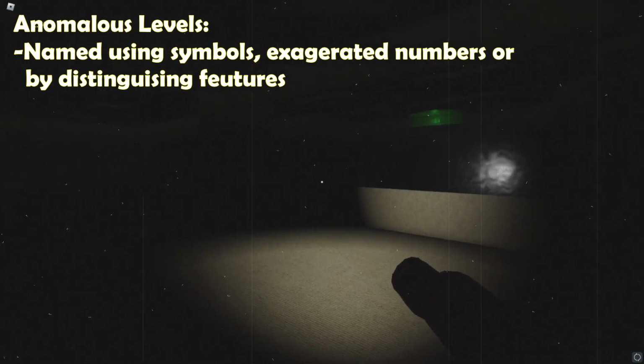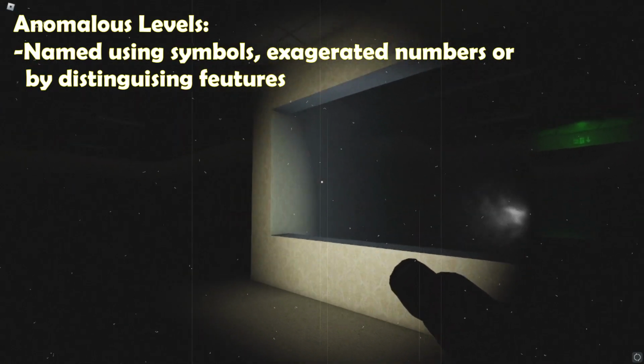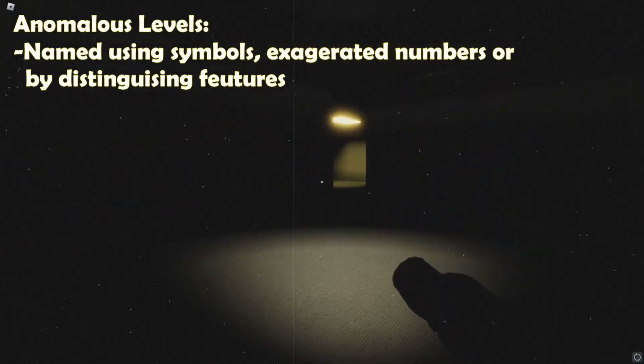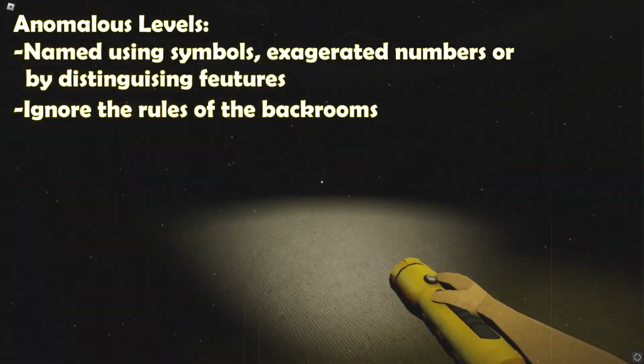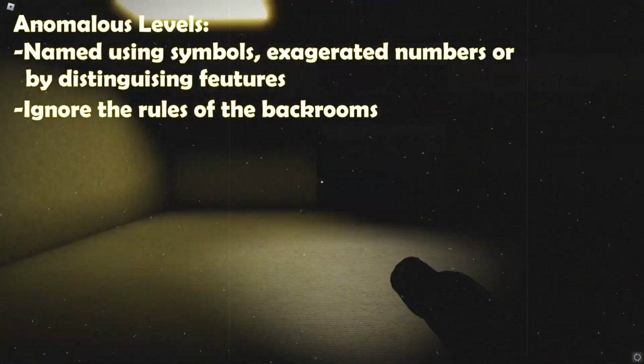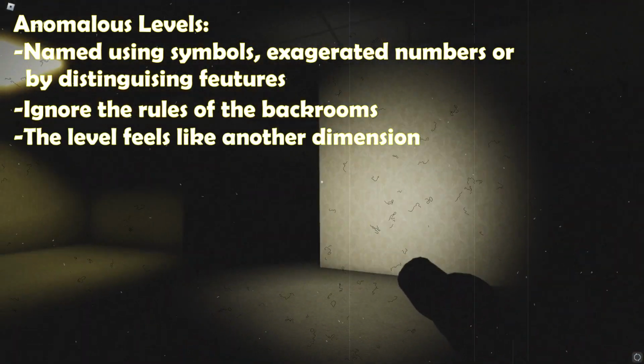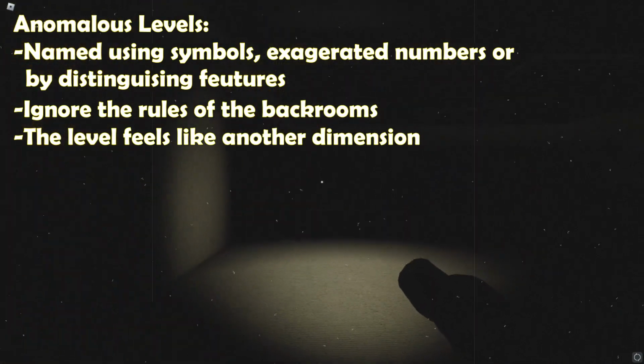But it doesn't mean that they're more dangerous, it just means that they normally ignore the rules of the backrooms, and the place feels like another dimension rather than the liminal space feeling you get from the backrooms.